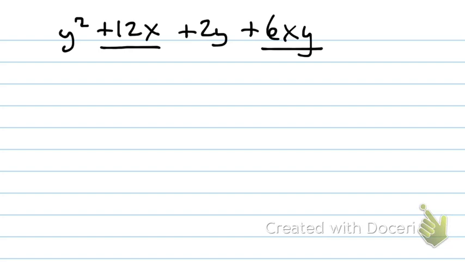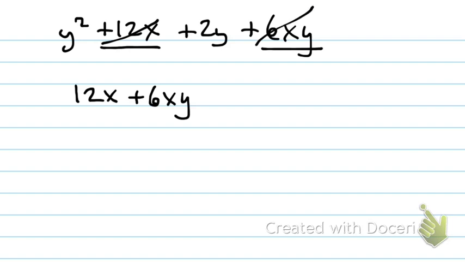But is there any of them with x squared in them? No. So the one that I want first is the one with the plain old x in it. Nothing else. So that's that one done. Which term do you think should come next? The plus 6xy. So anything with a plain old x, and then anything that has an x and another letter in it. Do you see the logic there?